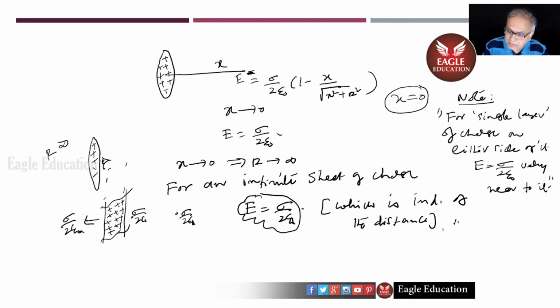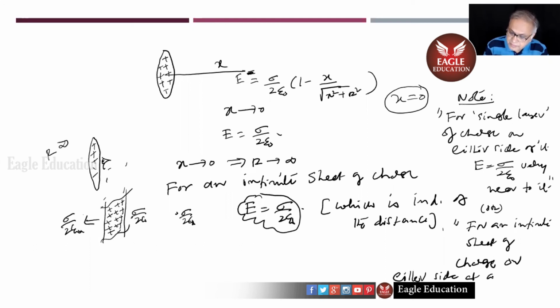And the second statement I would like to make is for an infinite sheet of charge, on either side, at any distance, it is sigma by 2 epsilon 0.